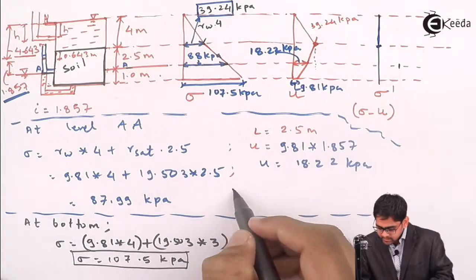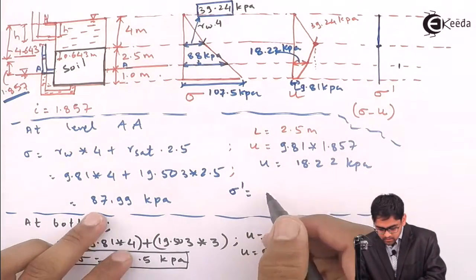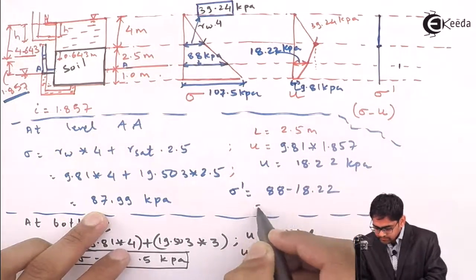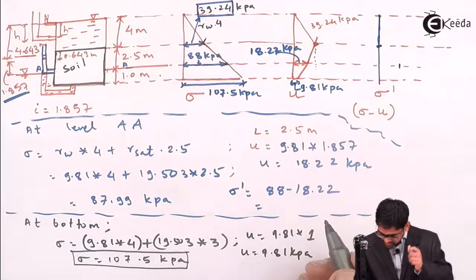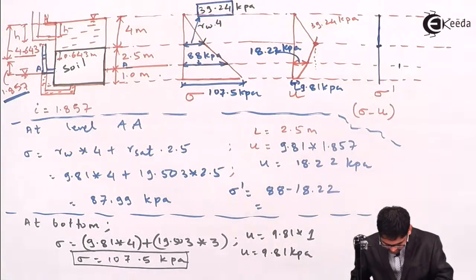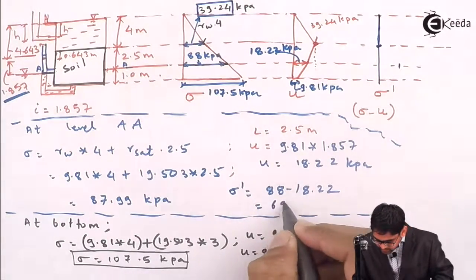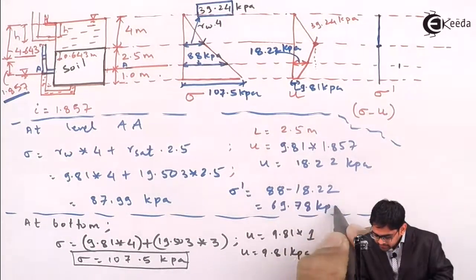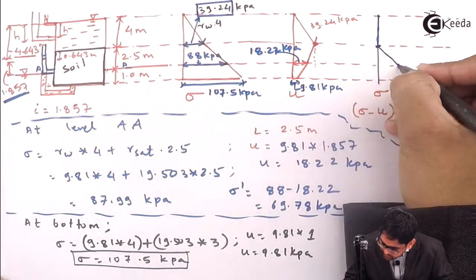Sigma dash will be 88 minus 18.22. You'll get 69.78 kPa.